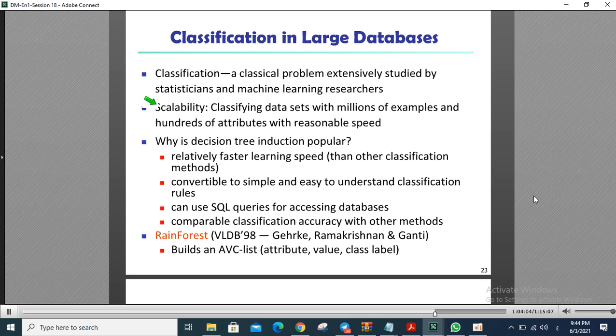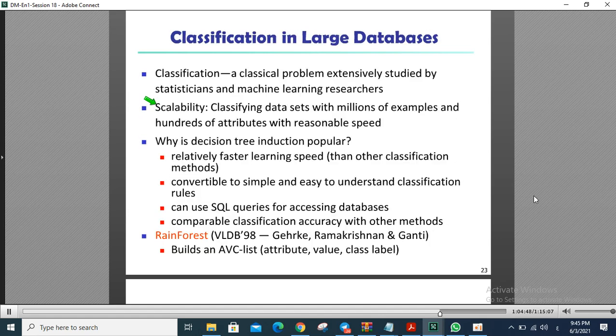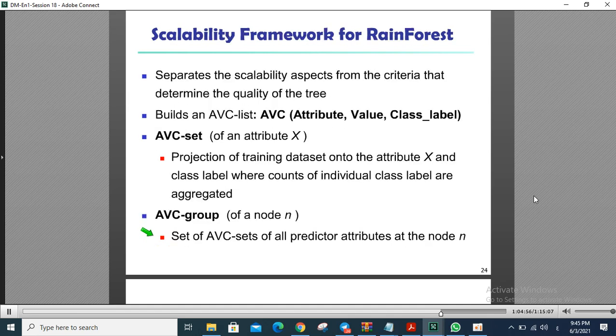So having a simple structure and fast learning speed, while they have comparable accuracy for classifiers, causes the decision tree to become very popular.